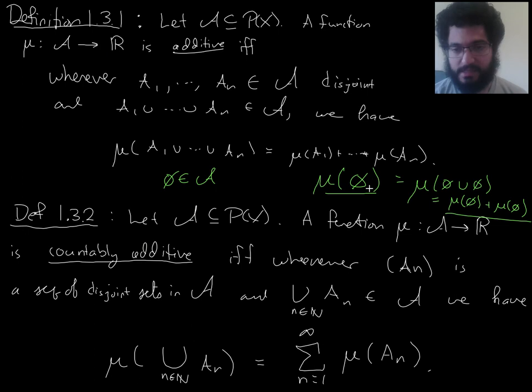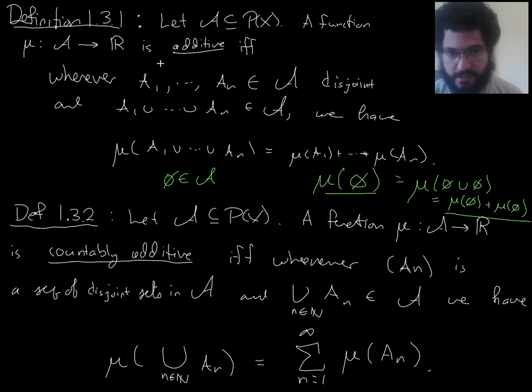You can think of it as sort of saying that since mu is additive, it's almost a homomorphism-like property, right? Mu of a union equals the sum of the mu's, except the operation you have on one side is union, the operation you have on the other side is addition. So if fancy A is an algebra of sets, then you can think of it as not a group, but I guess a monoid with respect to the union operation.